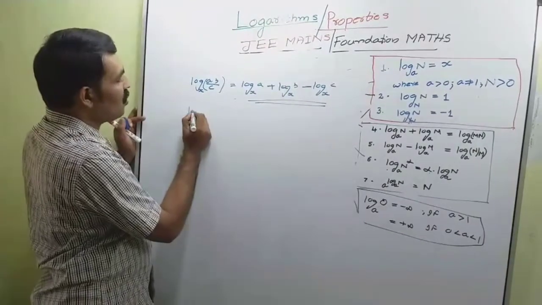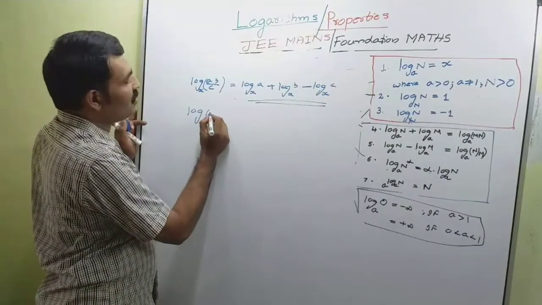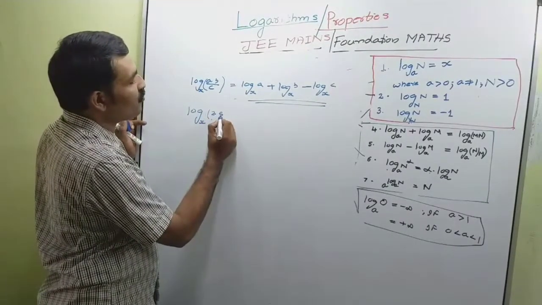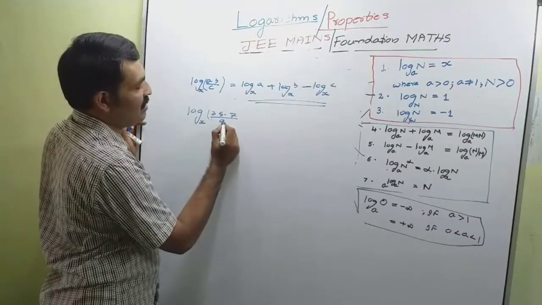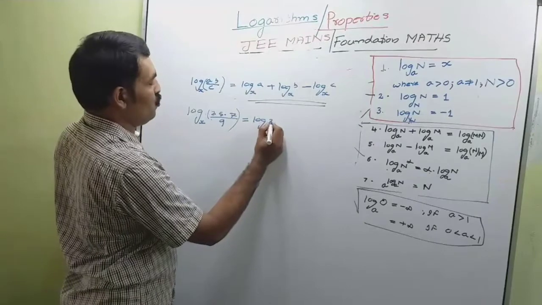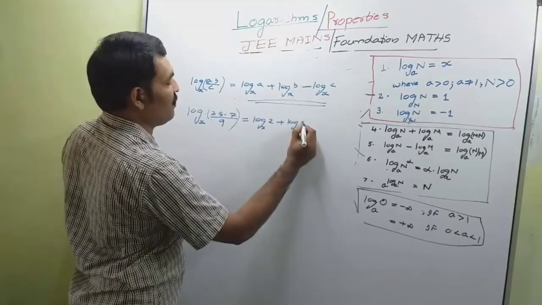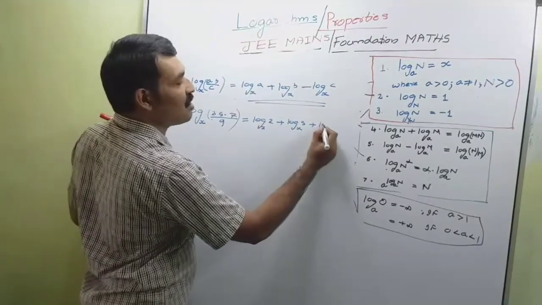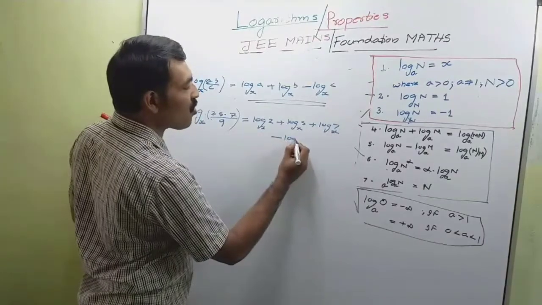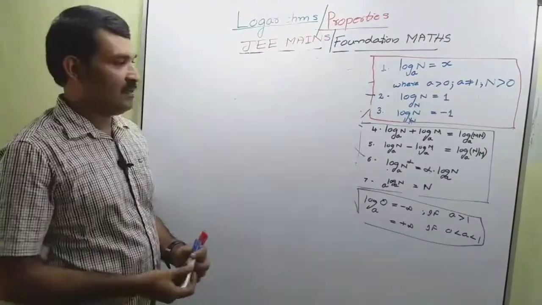Okay, now log of 2 into 5 into 7 by 9 to the base x is equal to log 2 to the base x plus log 5 to the base x plus log 7 to the base x minus log 9 to the base x, using the properties 4 and 5.